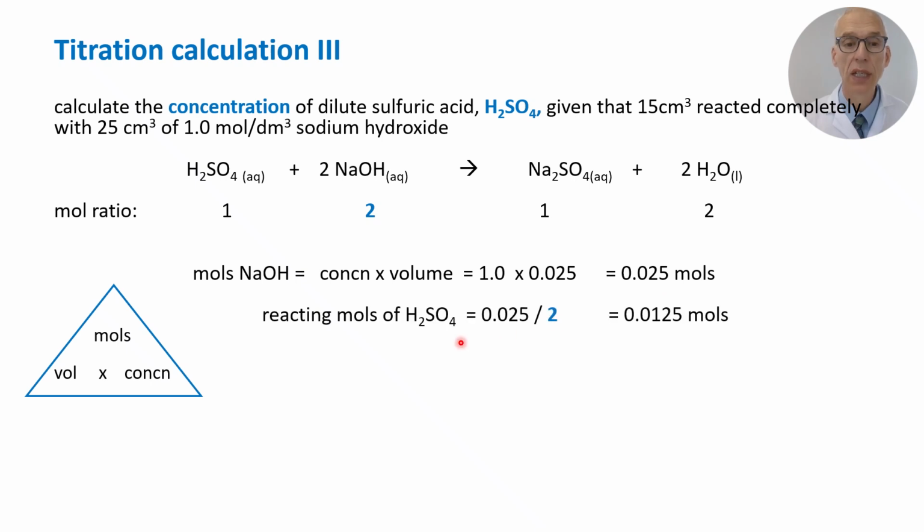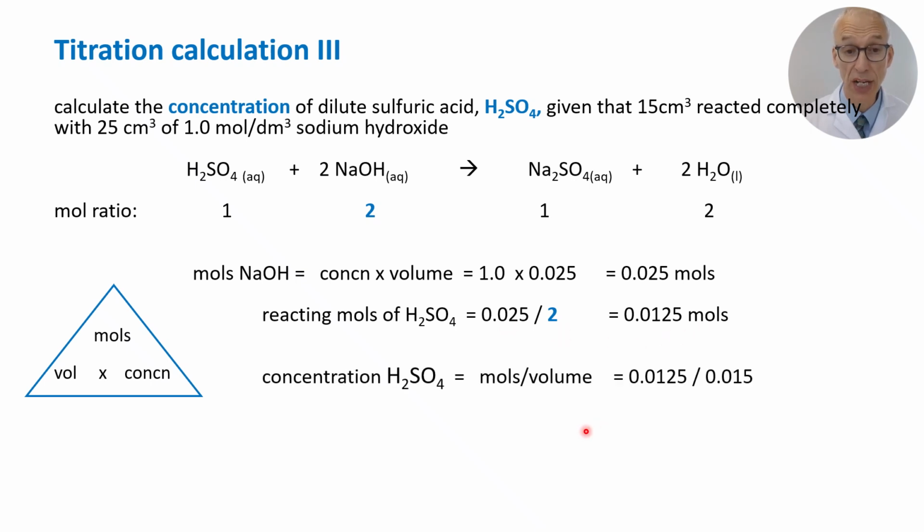But the reacting moles of sulfuric acid are not 0.025. It's 0.025 divided by 2. The moles of sodium hydroxide are twice the amount of sulfuric acid. So the moles of sulfuric acid is 0.025 divided by 2, which comes to 0.0125.